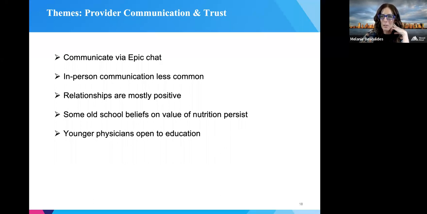And so some of the older physicians were sort of pushing RDs, and some of them didn't really value nutrition. But this was pretty rare, and it didn't happen very often at all. I think we heard that maybe twice across all of the interviews. And in general, younger physicians were actually really open to education. And so they might not know everything about nutrition, but they were really curious to learn more, which was great.